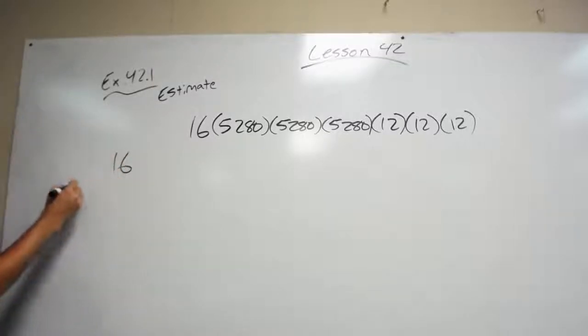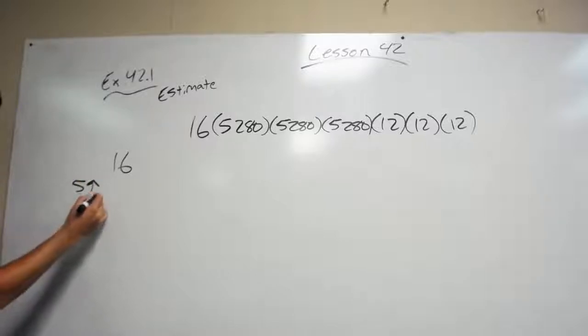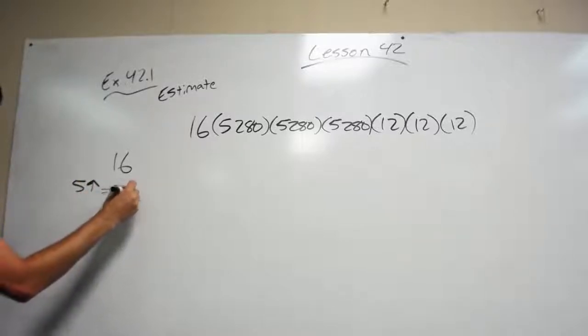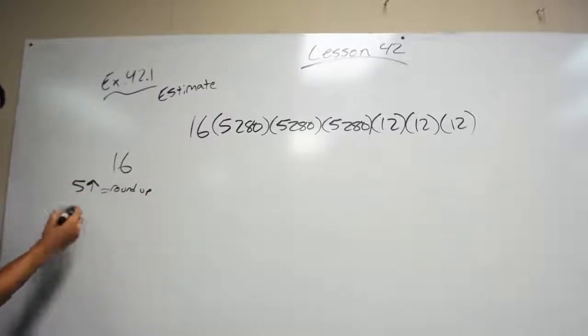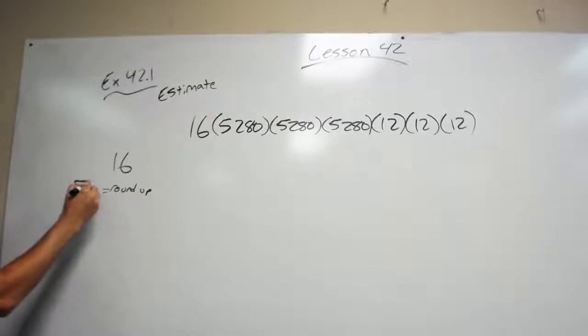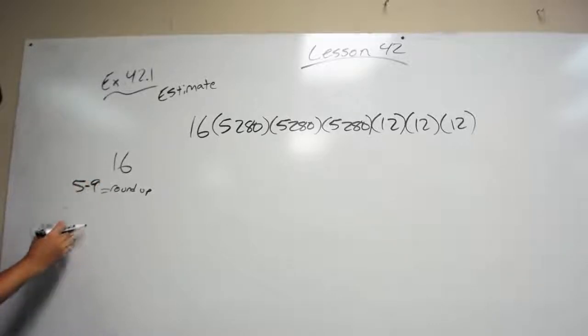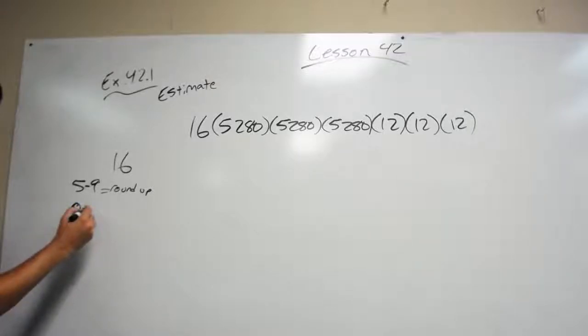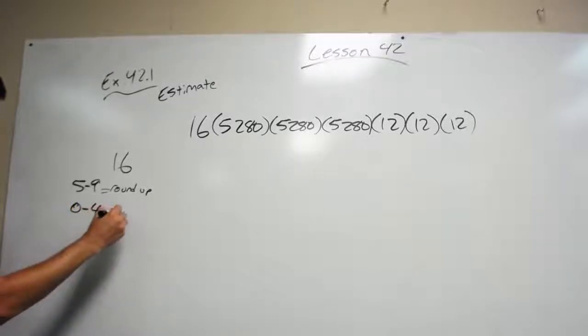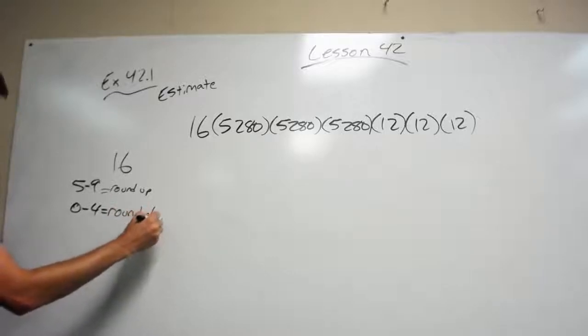We already know that if it's 5 through 9, you round up, and 0 through 4, you round down.